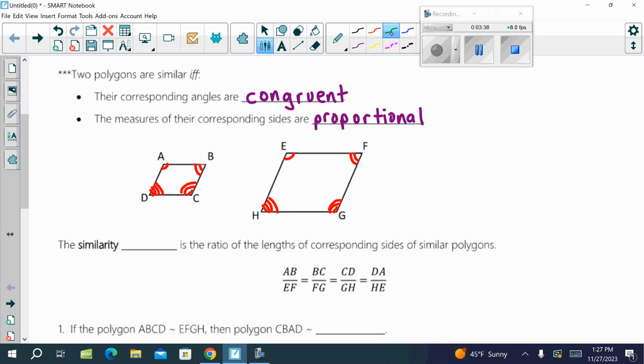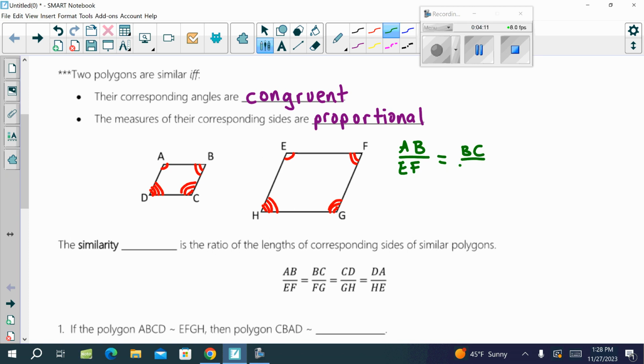Thank you. Okay, so whenever we say their corresponding sides have to be proportional, that means every single side has to be the same fraction. So if I said AB, what's its corresponding side? EF. So you would have to write them as a fraction, and then that fraction has to be equal to, if I said BC, what's its corresponding side?